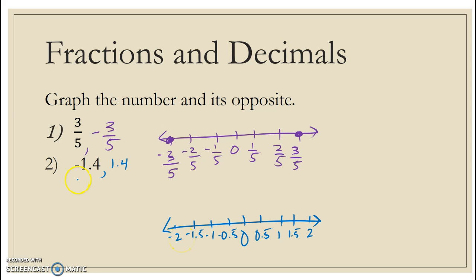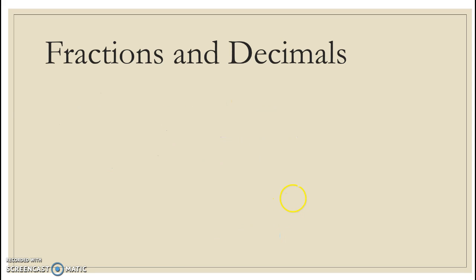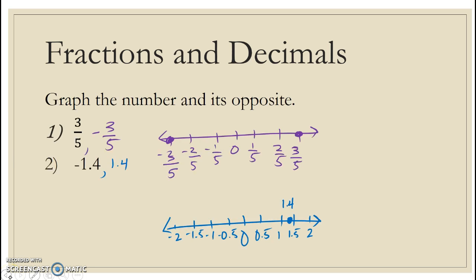And then what I have to do here is plot my positive 1.4, which is almost 1.5, but not exactly. So I'm going to write 1.4 above there. And then I want to plot my negative 1.4. Again, it's almost to negative 1.5, but not quite. And I label negative 1.4. Just make sure if your number is not labeled on the number line that you have, you actually label the point that you're plotting above it.